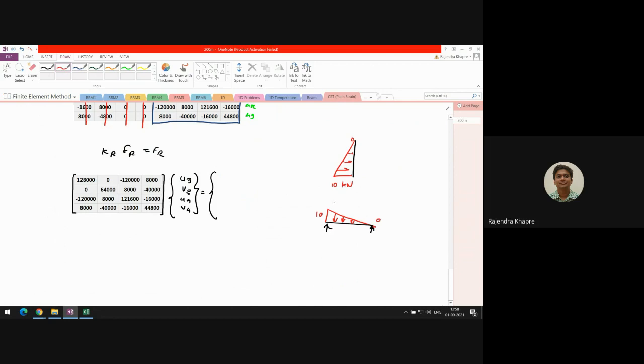If you take an equivalent load, the height over here is 1 meter, so this length will also be 1 meter. If you take the total area of the triangle, it will be 10 multiplied by 1 divided by 2, isn't it? So the total load of the triangular portion will be 5. This equivalent load is nothing but 5 kilonewton, and it will be acting at a distance of 1 by 3. If you take the moment of this load, you can get the reactions.